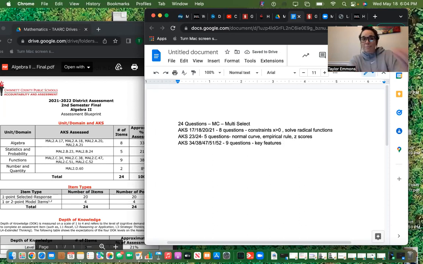This could be exponential, logarithm, or radical functions. And then 51, 52 is dealing with inverse functions, so switching that x and y and then solving for your y.